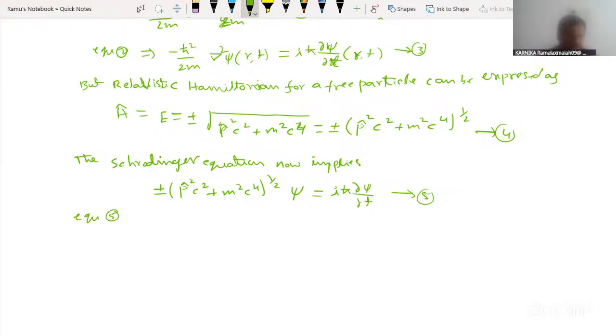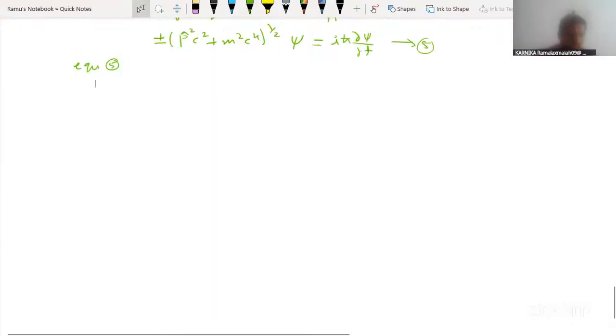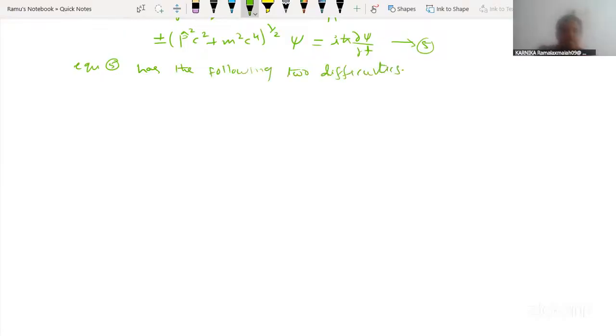Equation 5 has the following two difficulties.